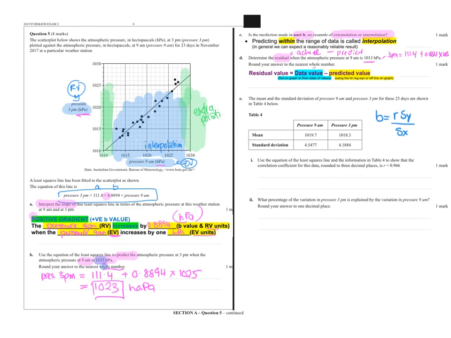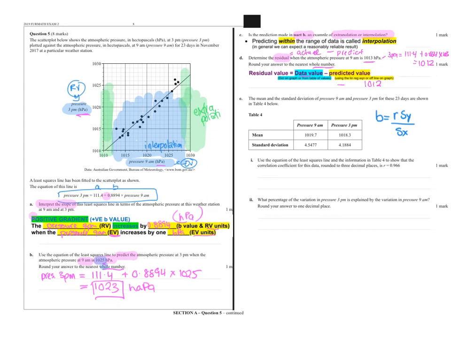They're saying whole number here, so my value was 1012 when I predicted it. So this equaled 1012. Now, the data value, since I'm trying to find the residual, I actually need either the dot on the graph or the table of values. I don't have the table of values here, so I'm going to find the dot on the graph.